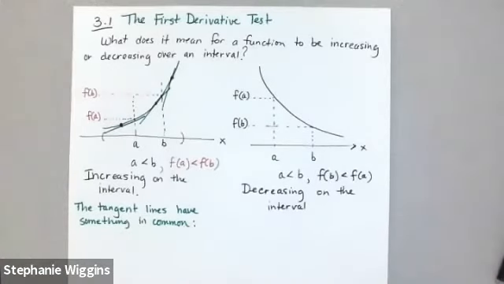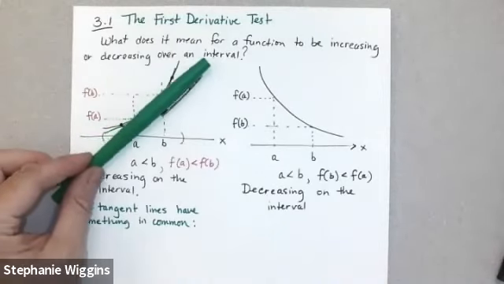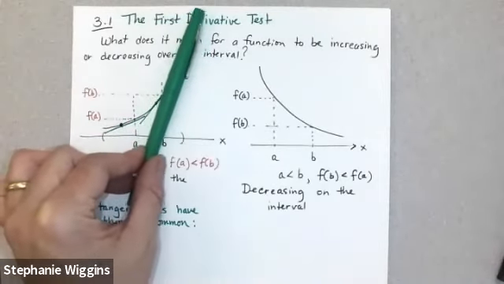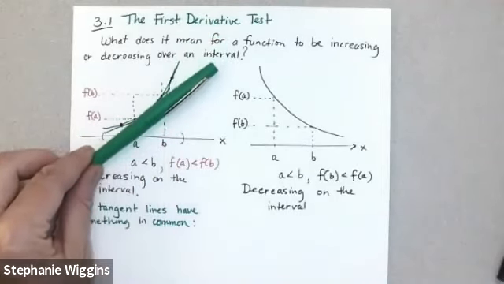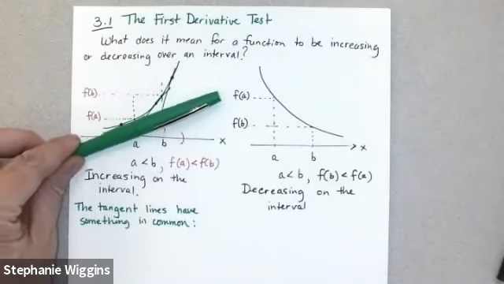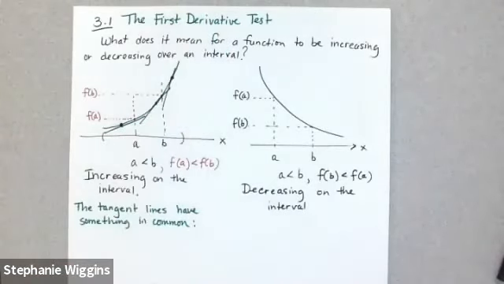Well, so here's a tangent line, here's a tangent line. They're all slanted in the positive direction. In other words, the tangent lines all have positive slopes. So it follows that if your function is increasing, the derivatives, in other words, the slopes of the tangent lines, are positive.